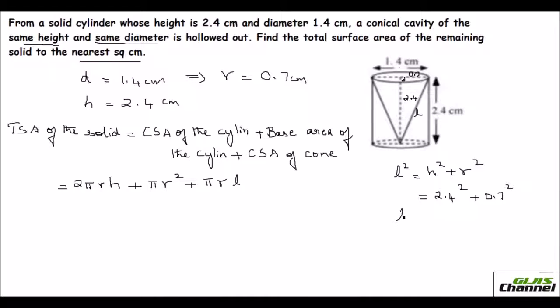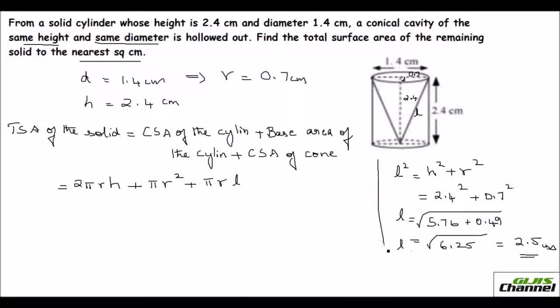So your L is equal to square root of 2.4 square is 5.76, okay, plus 0.7 the whole square is 0.49, right? So when you add them up, you get square root of 6.25. So the square root of 6.25 is going to be 2.5. Okay. So your slant height you have got, it is 2.5 centimeter.